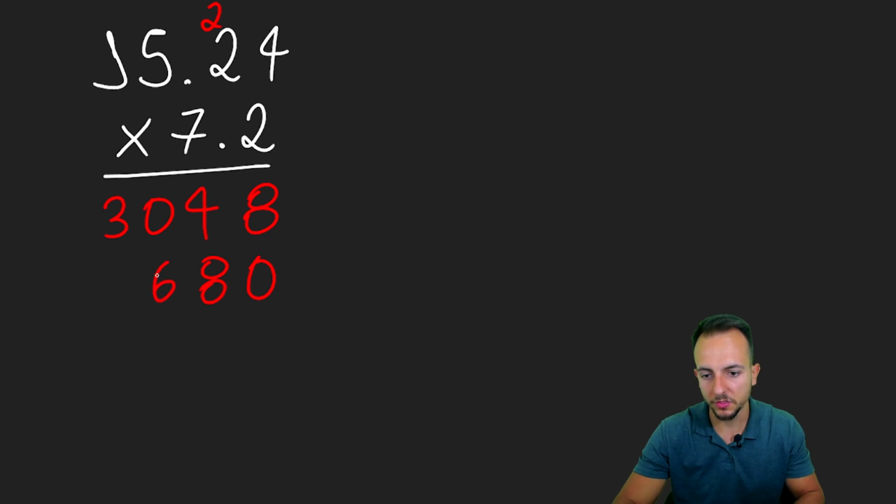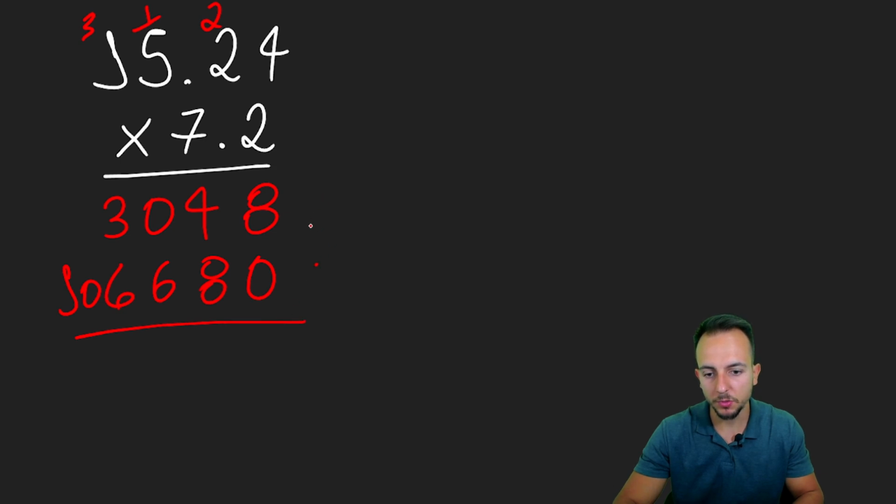So here we're going to have 6, and here we're going to have 1. 7 times 5 is going to be 35, plus 1, 36. So 6, and here we have the number 3. 7 times 1 is 7, plus 3 is going to be the number 10. Here we cannot carry over the numbers anymore because there is nothing to the left.